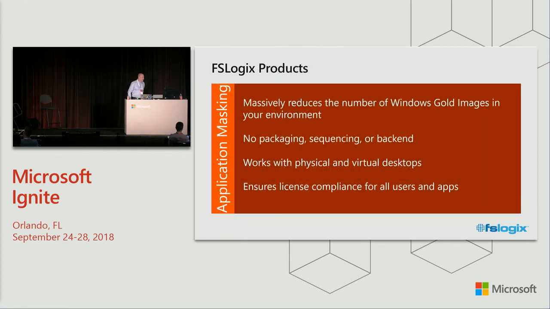Just a quick overview of our app portfolio. We have application masking, a solution that lets you control applications per user, even on multi-user systems. It works differently than application virtualization in that it completely hides applications from users so they don't get access to them, but they are the natively installed applications.